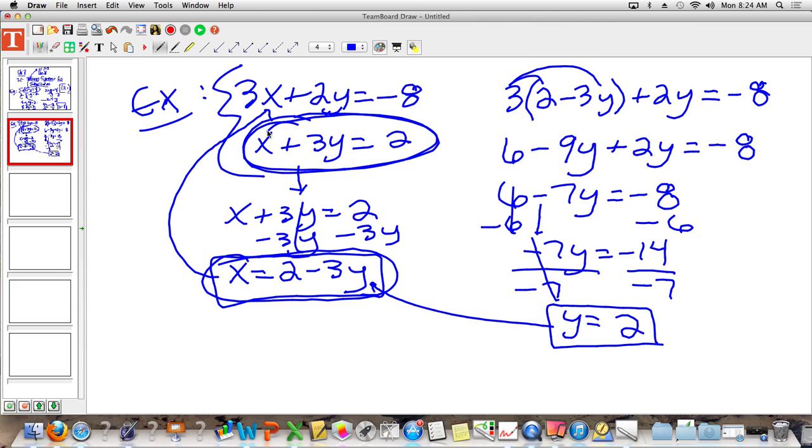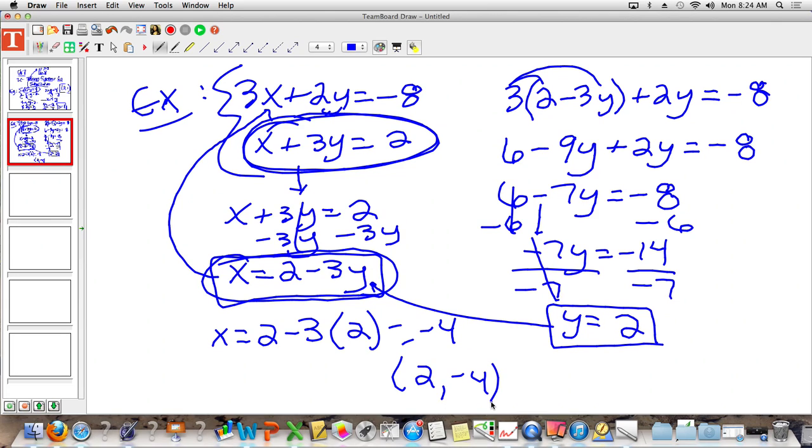So if you want to, just take that y, plug it in here as 3 times the y value, which is 2. So what is 2 minus 3 times 2? We have 2 minus 6, really, so we have a negative 4. So the solution to this problem is 2 comma negative 4.